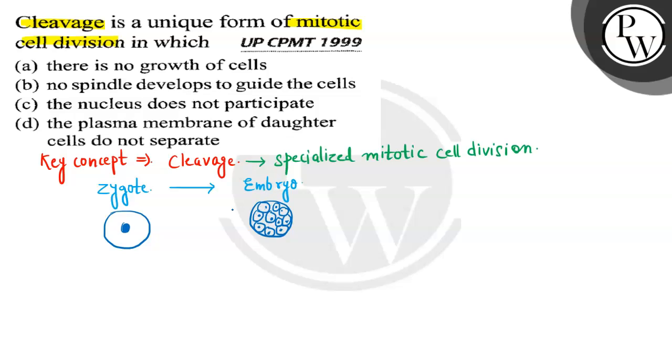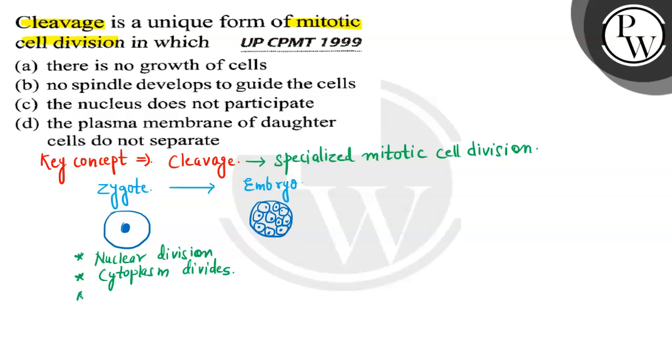Now, if we have to differentiate between a zygote and the embryo, what exactly is the difference? The first difference is that in the embryo, nuclear division occurs. That is why we have a large number of nuclei present in the embryo, and that is not present in the zygote, because the zygote has only one nucleus. The second difference is that in the embryo, the cytoplasm also divides.